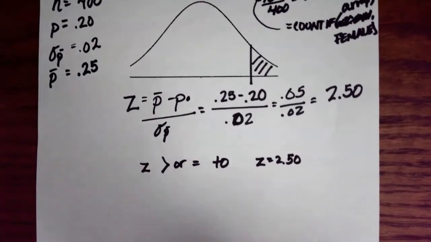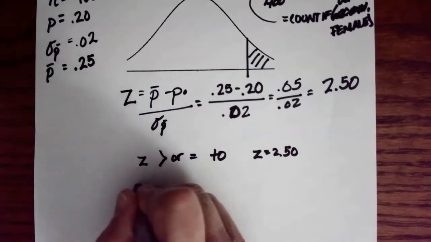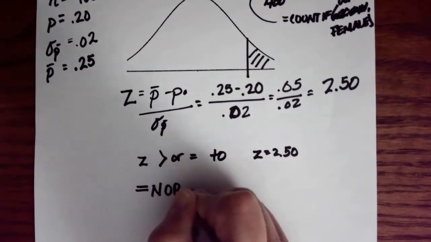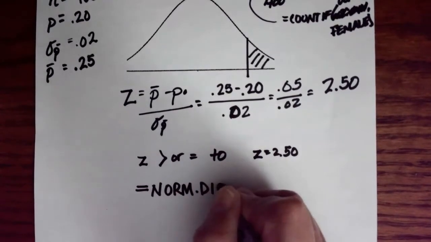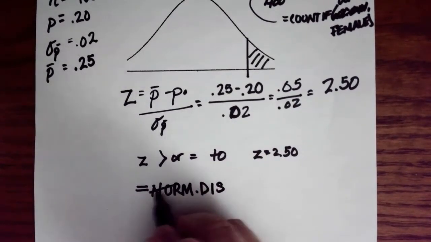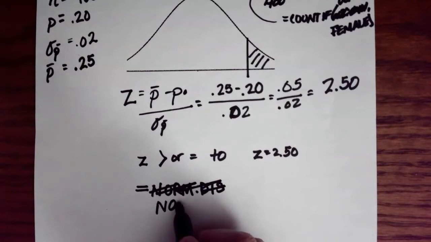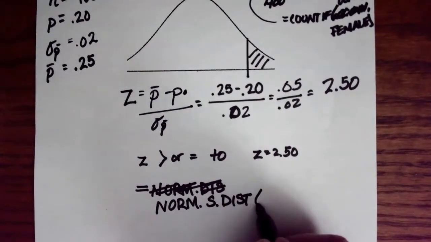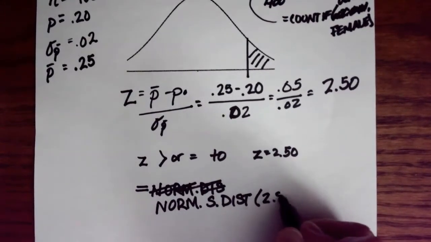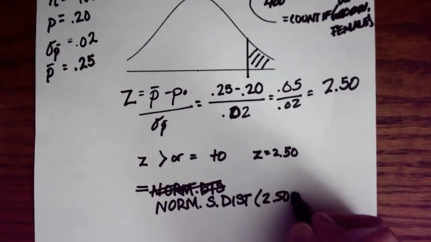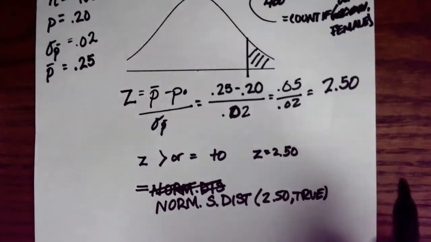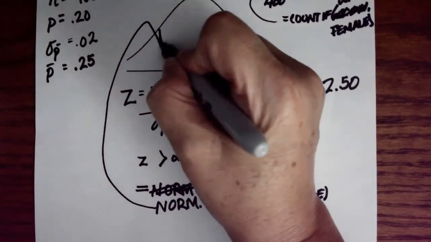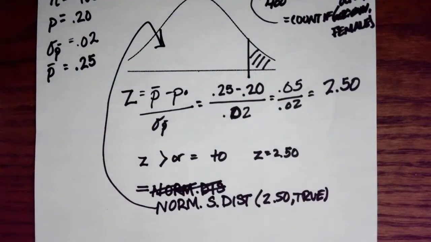To get the value here, we're going to type equals NORM.S.DIST, and then we're going to put our z-score in here, and then we're going to put TRUE. And this is going to give us the probability of this end of our distribution.